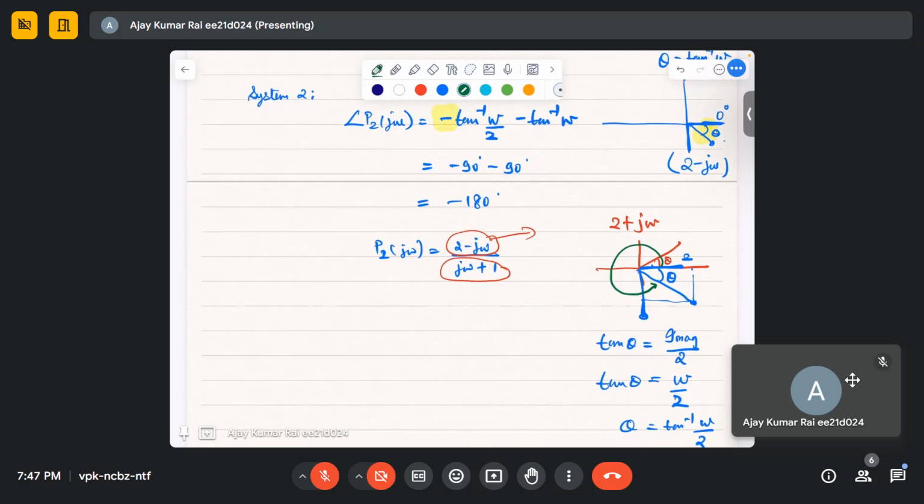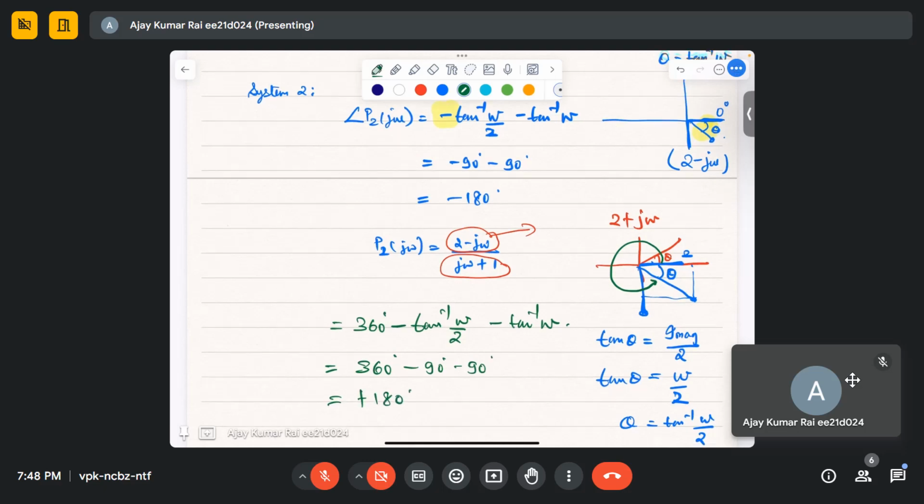So if you take positive values, you get 360 minus tan inverse of omega by 2 minus tan inverse of omega. Then 360 minus, this is 90, this is 90, you will get plus 180 degree. That is the same as minus 180 degree, right?